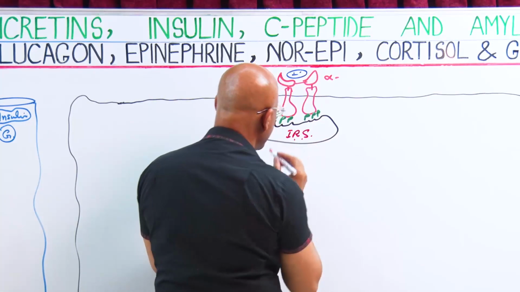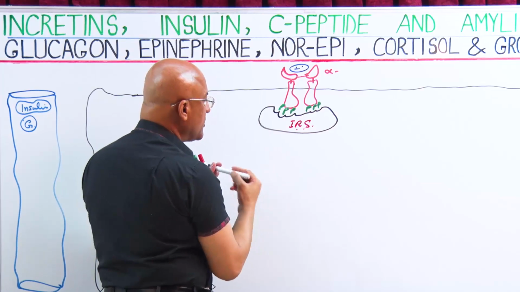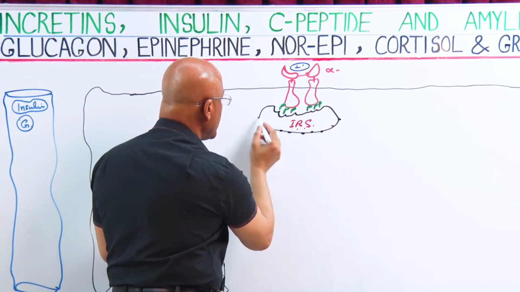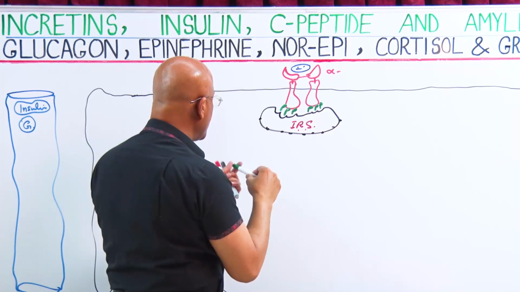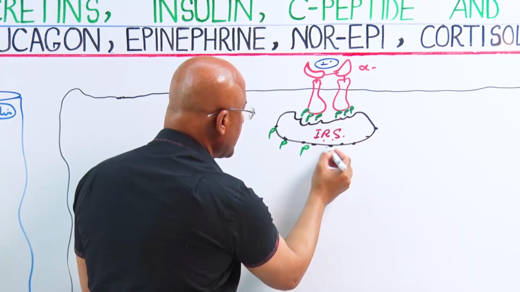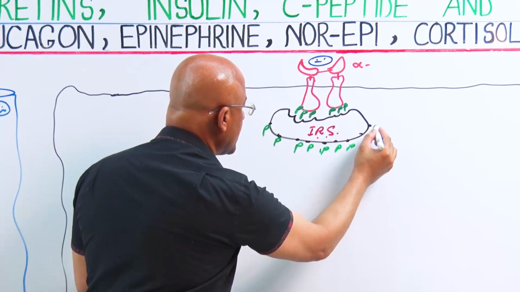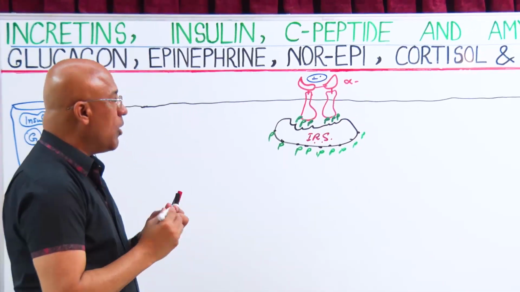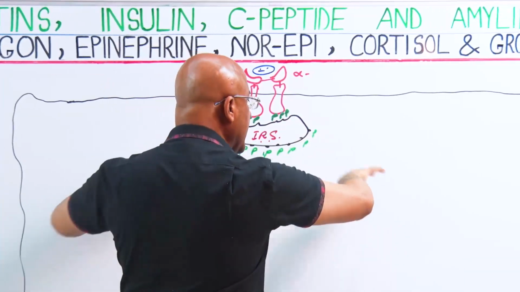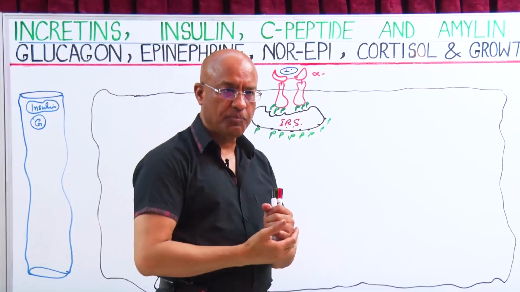substrate, and eventually the tyrosine amino acids present over here are also phosphorylated, and in this way insulin receptor substrate is activated after phosphorylation. Now it leads to many signaling pathways, but I will very briefly discuss two signaling pathways.